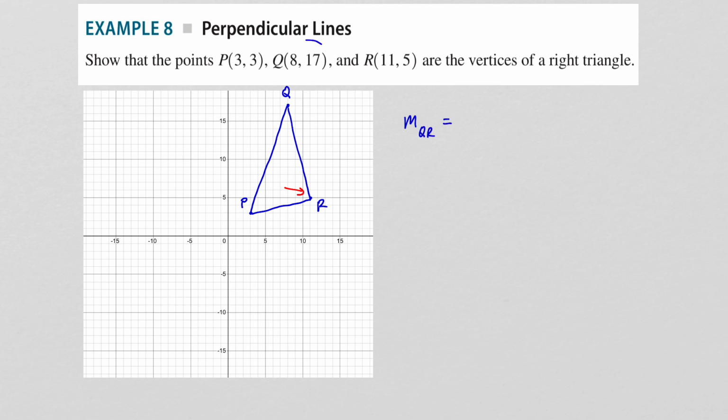And to do that, we're going to use the coordinates for Q and R. And the formula says you take the y value minus the y value divided by the x value minus the x value. And if you do the math here, you get 12 divided by -3, which is -4. Okay, so that's the slope of this line.